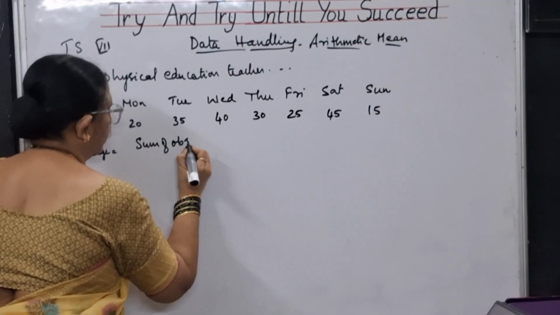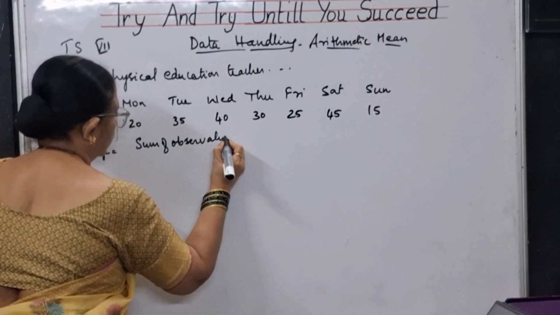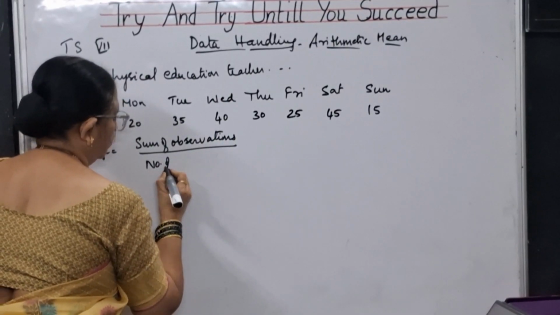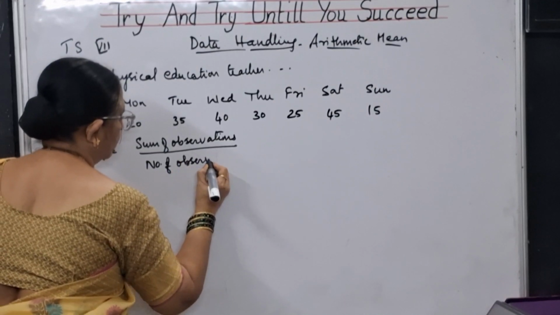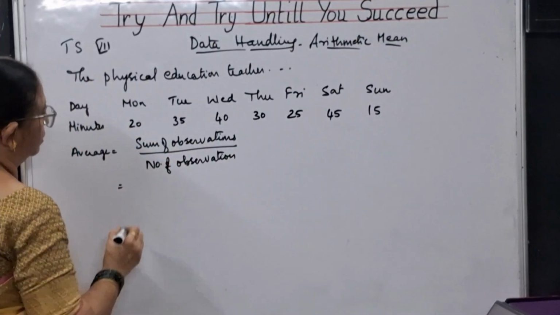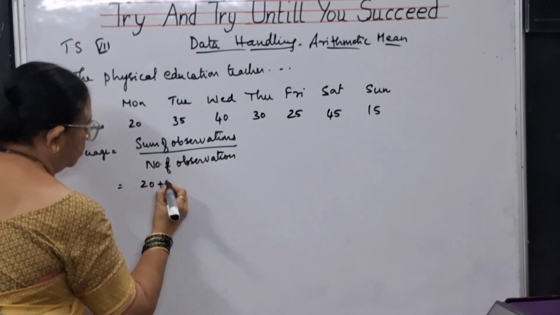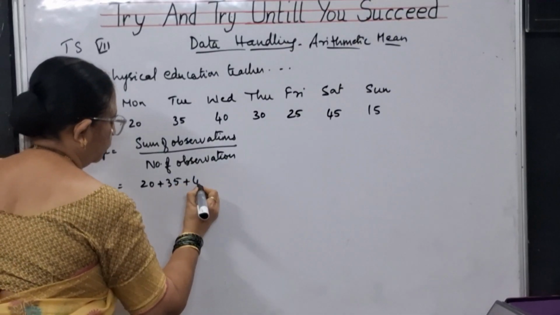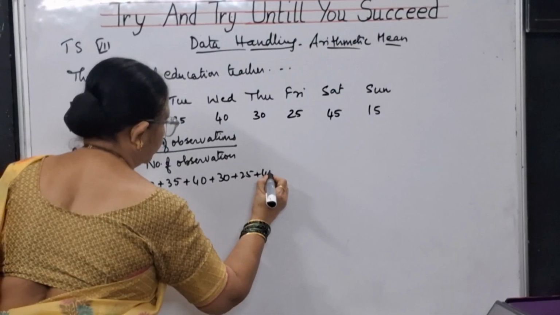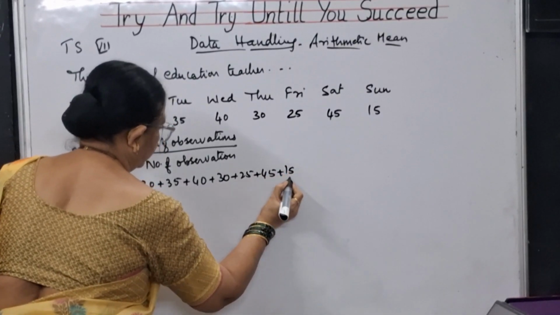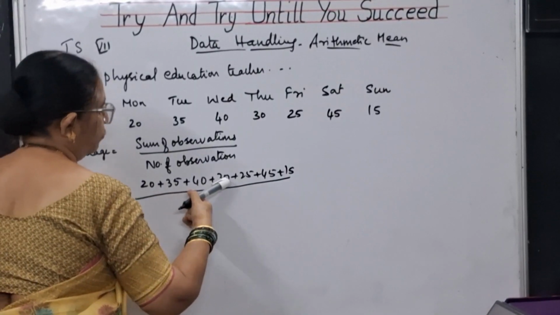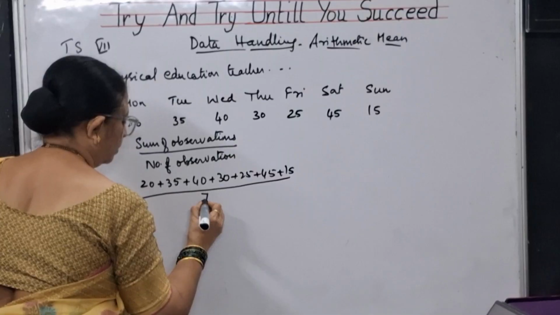Sum of observations divided by number of observations. So sum of observations means you have to add 20 plus 35 plus 40 plus 30 plus 25 plus 45 plus 15, divided by how many? 1, 2, 3, 4, 5, 6, 7.